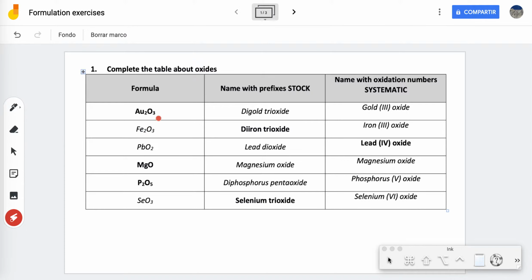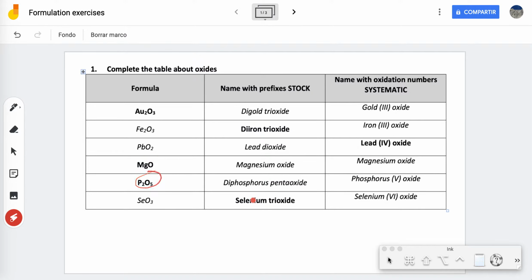Okay, so in the first one, we have this compound, okay? The first thing we need to recognize is the oxygen. First of all, we have here in bold the different names of the compounds.